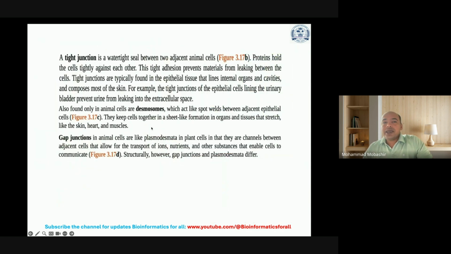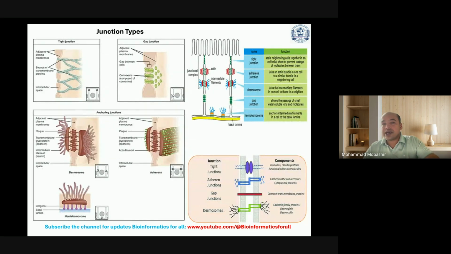Now, a tight junction is a watertight seal between two adjacent cells where protein holds the cells tightly against each other. As it appears from the name, this tight junction adhesion prevents materials from leakage. These tight junctions are typically found in the epithelial tissue. So these are some objective type, multiple choice questions you can make.